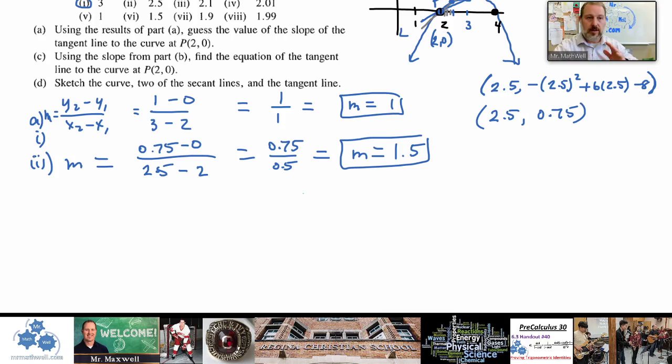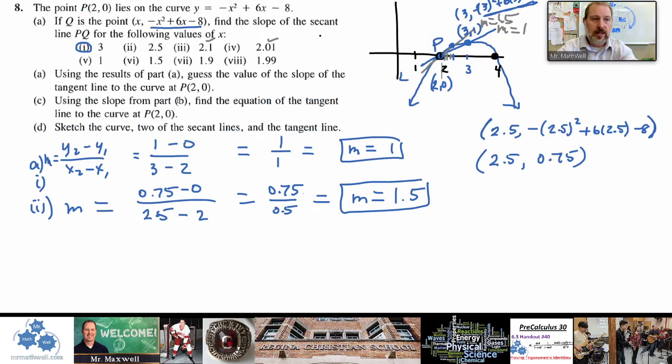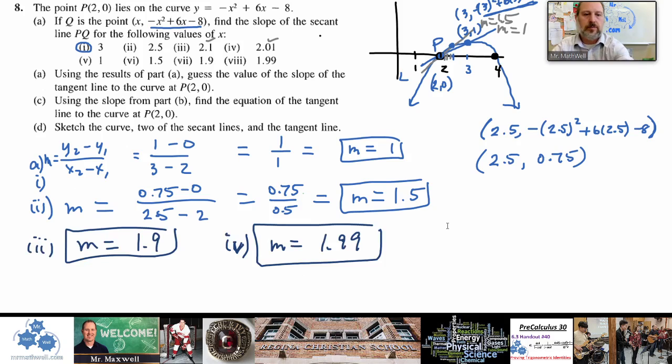Let's pause the video and finish these next two here. Go ahead and work on that, and then we'll come back and show you what these slopes equal. All right, if you put 2.1 in there, you're going to get a slope of 1.9.